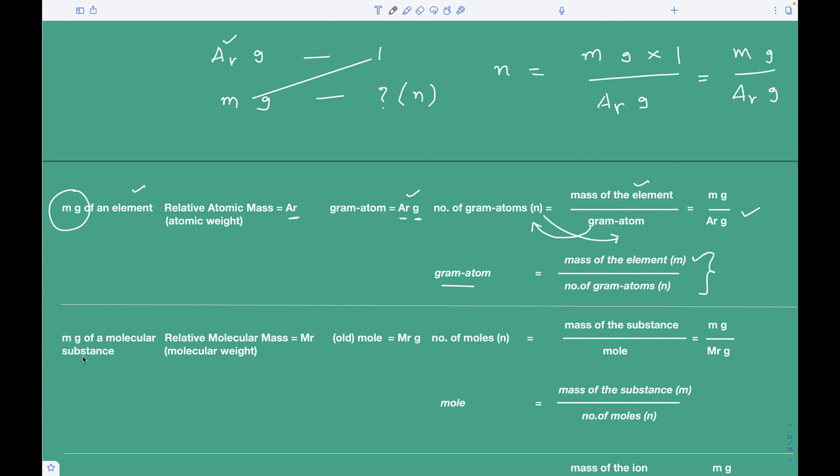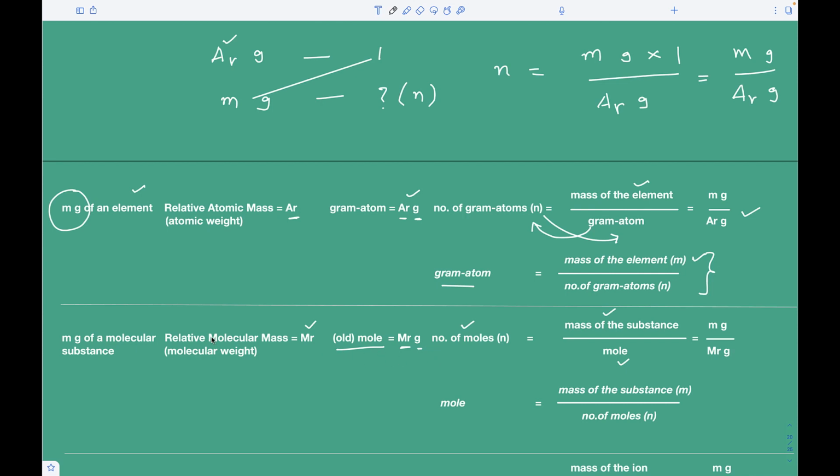Similarly, if you have m grams of a molecular substance whose molecular weight or relative molecular mass is mr, then to get the number of moles, you have to divide the given mass of the substance with mole. And you know, the old definition of mole is its molecular weight in grams.